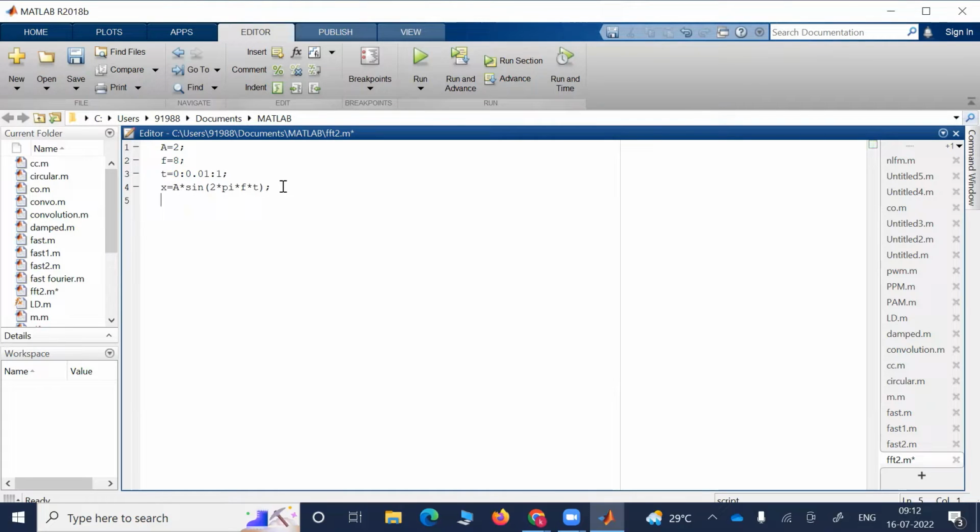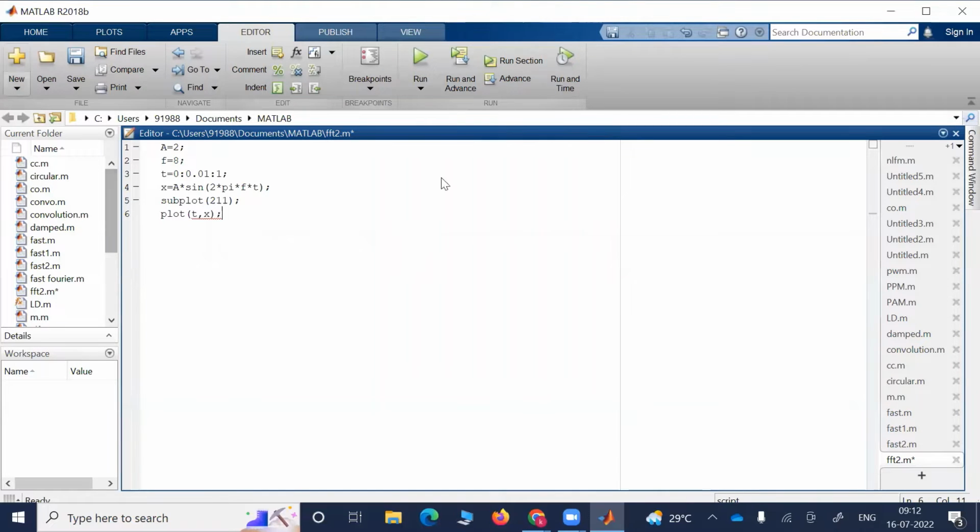First, let us plot this. Subplot 2, 1, 1. So I'm going to plot 2 plots. This is the first plot, subplot 2, 1, 1, plot t, with respect to t, we are plotting the signal x.